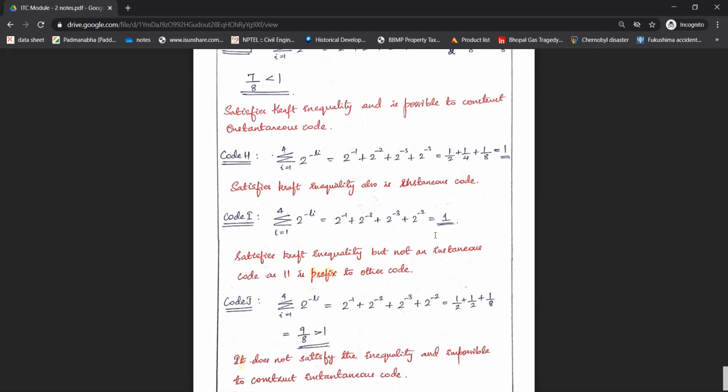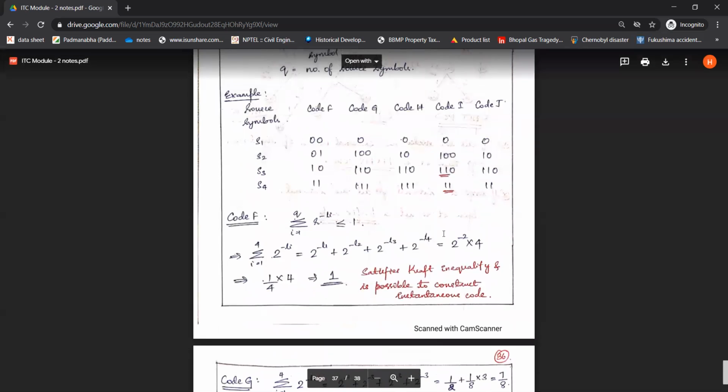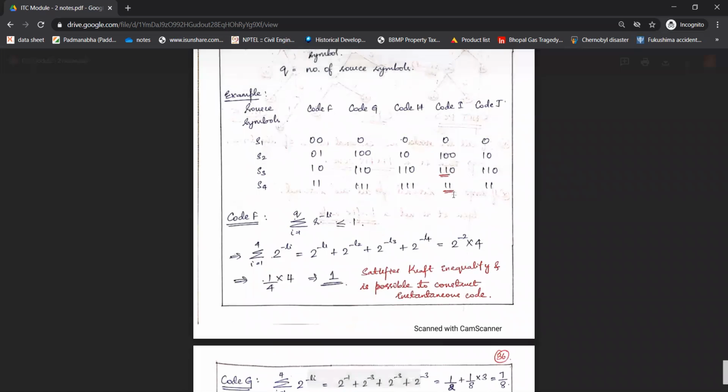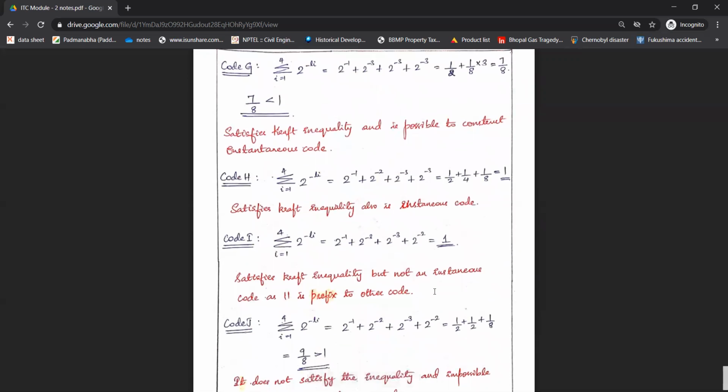But can we construct an instantaneous code? Go back and observe here. This code word is a prefix of this code word. S4 is a prefix of S3's code word. So we cannot construct an instantaneous code. That is the conclusion we draw for code I.